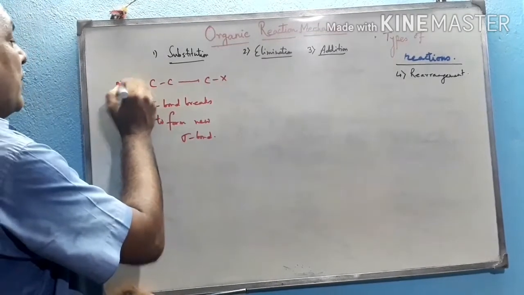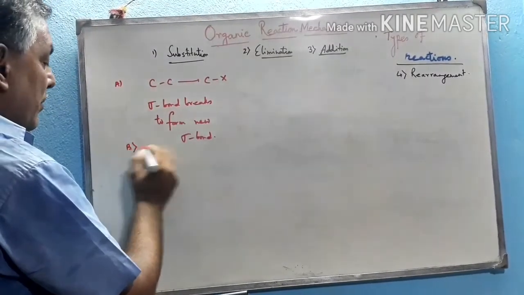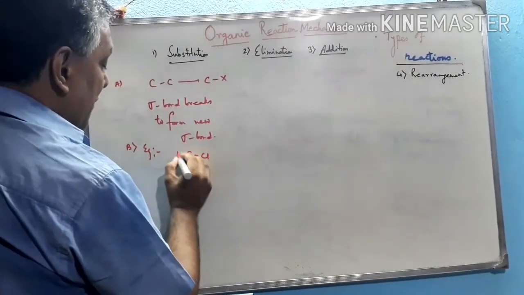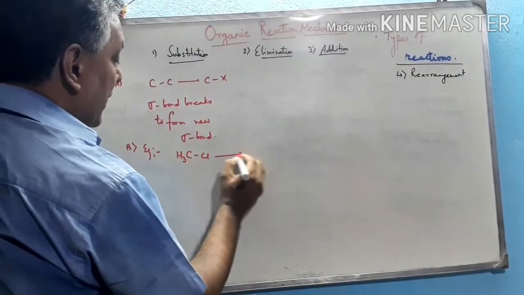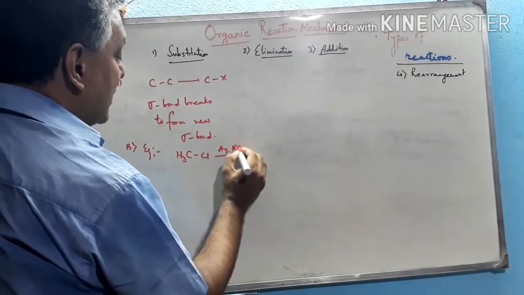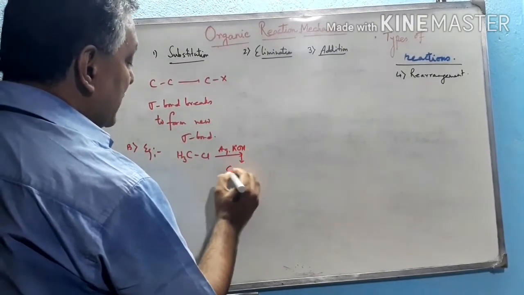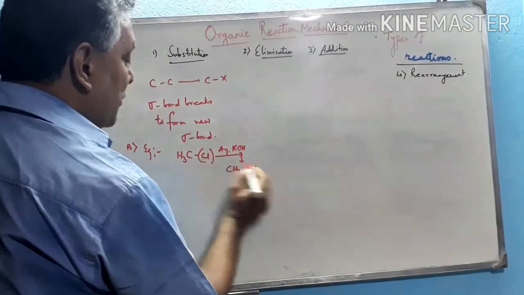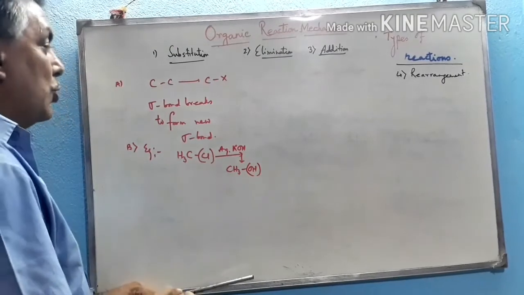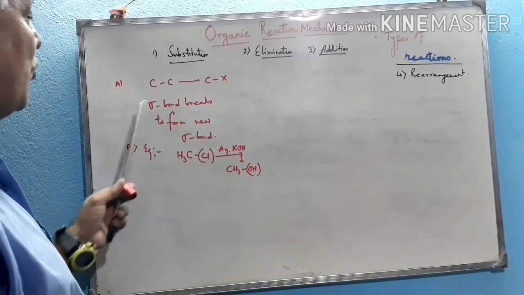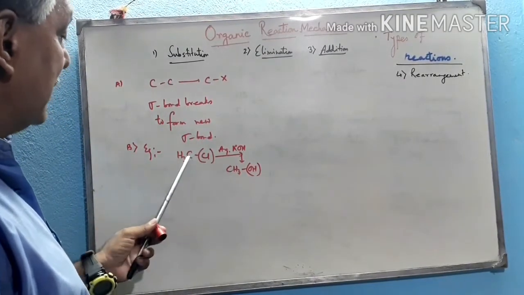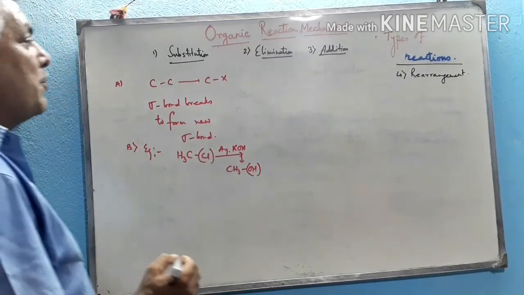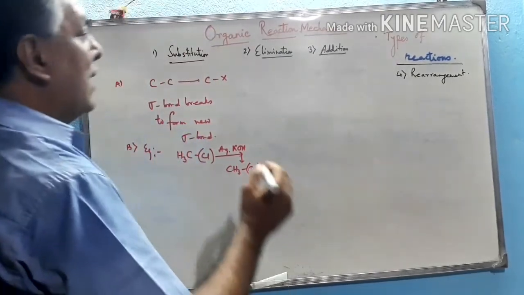Example, CH3Cl, when it is treated with aqueous KOH, the product is CH3OH. See this, the Cl group is substituted by the OH group. So sigma bond dissociates or breaks to form a new sigma bond. C-Cl sigma bond dissociates to form C-OH sigma bond here. This is a case of substitution reaction.